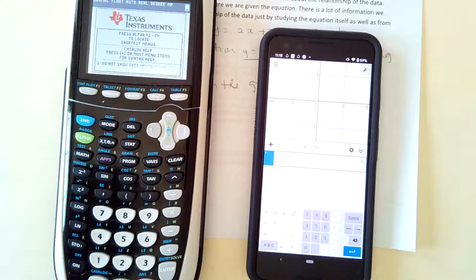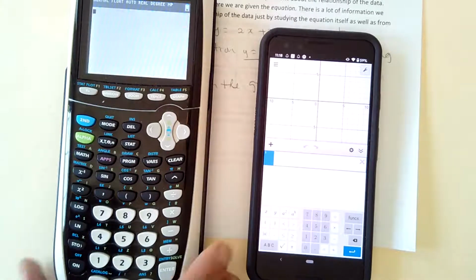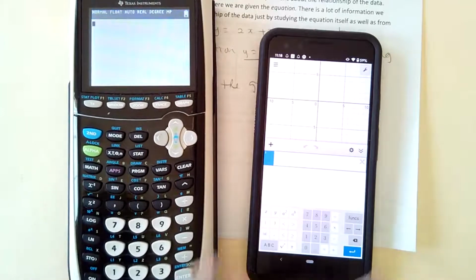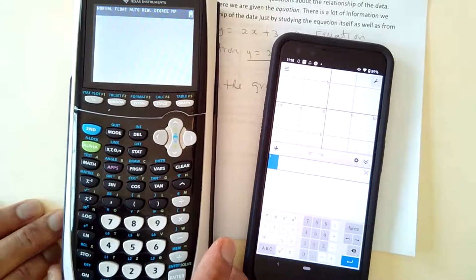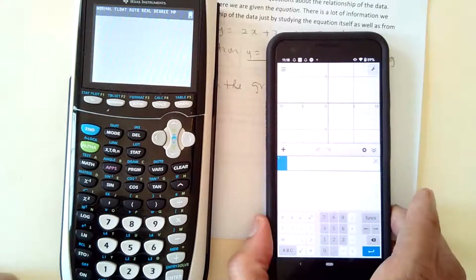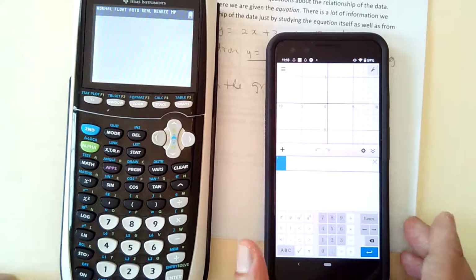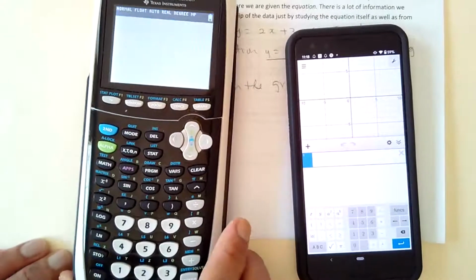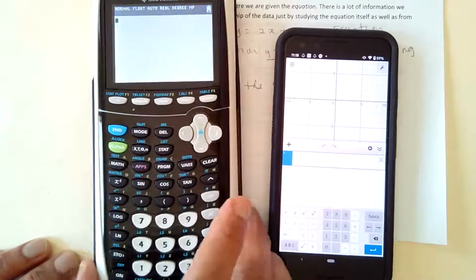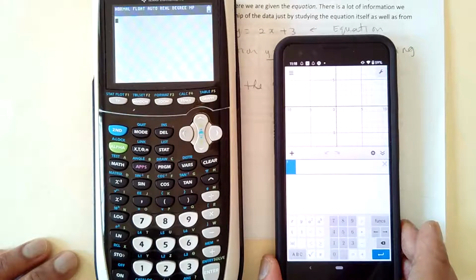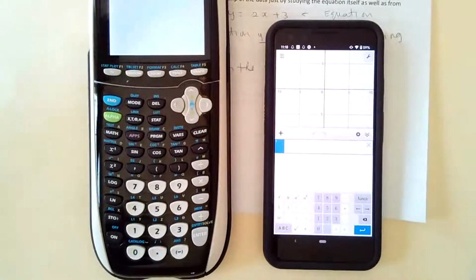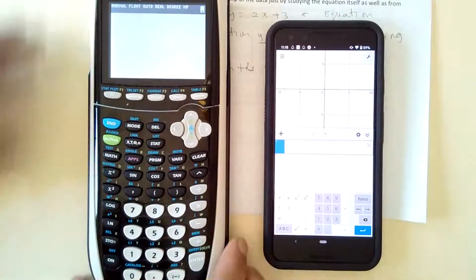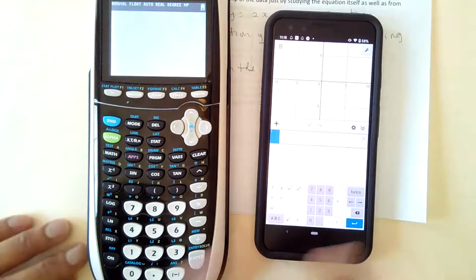So I turn my calculator on. Let's adjust my camera here, so you can see the keypad for the calculator.